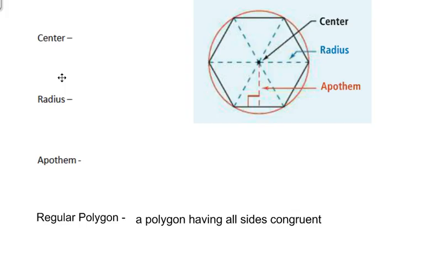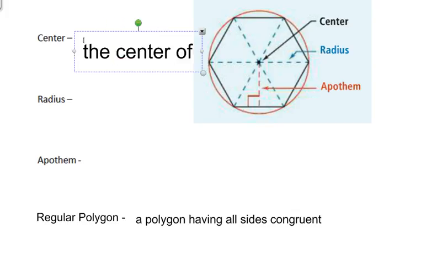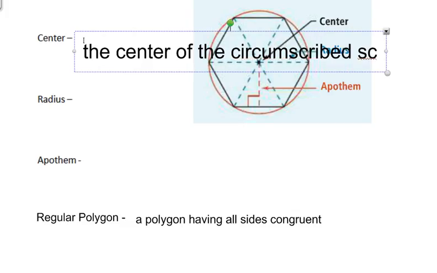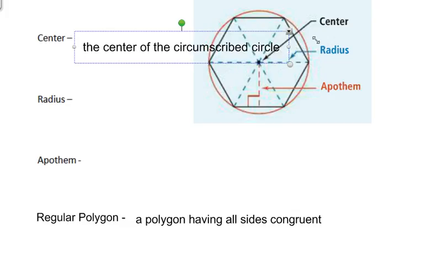The first one is the center. The center of a regular polygon is simply the center of the circumscribed circle. I'll make that much smaller so you can see it.